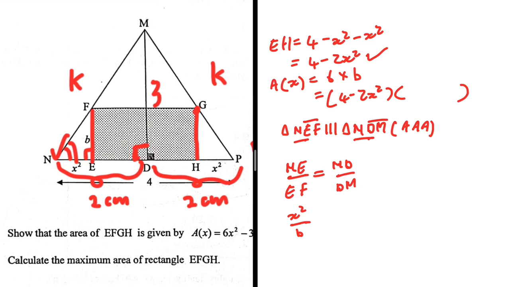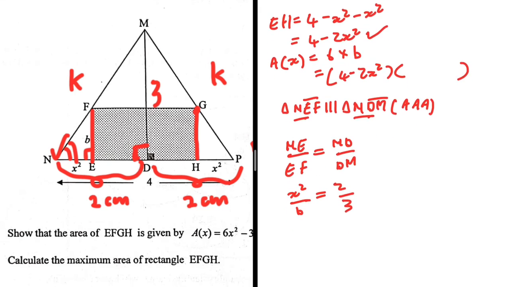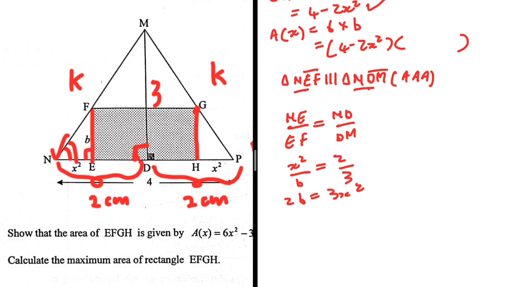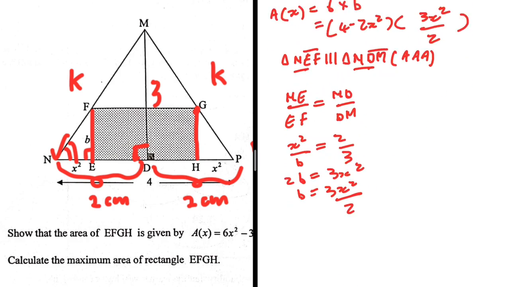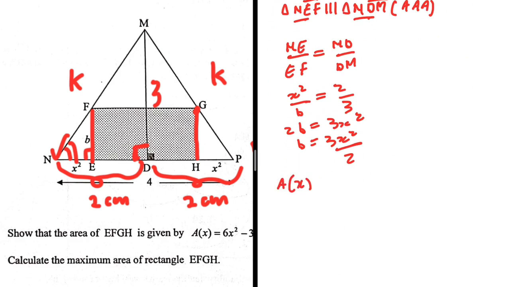This is equal to ND, which is 2 centimeters, divided by DM, which is 3 centimeters. So we have 2B equals 3x squared, so B is equal to 3x squared over 2. In place of B, we can replace that with 3x squared over 2. So A, the area in terms of x, let me just copy that here.